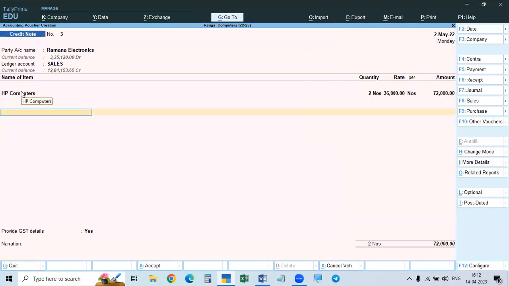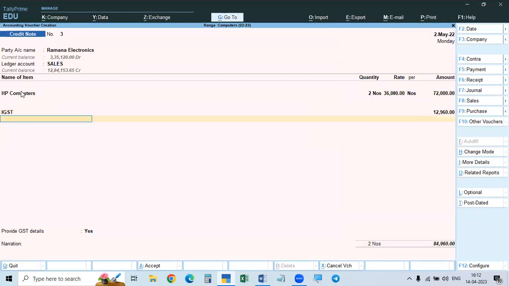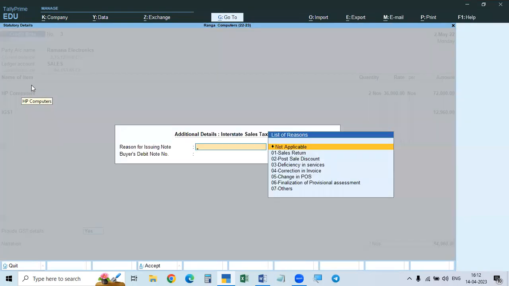Then come down. Now CGST, it is not taking CGST, which means it is IGST. Yes, and here it is details. And what is the reason here? What we are doing is not sales returns. We are making a correction in the invoice, because we supplied only 6 but we entered 8, so we are reducing the quantity.